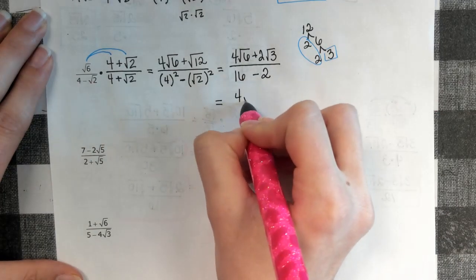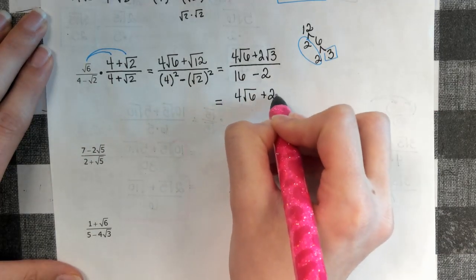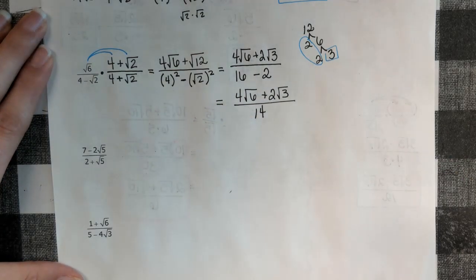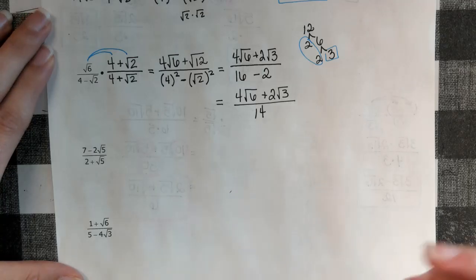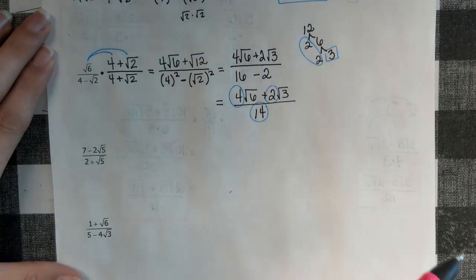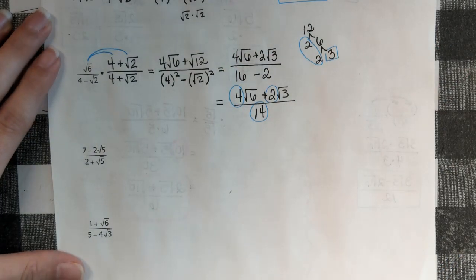So I've got 4 square root of 6 plus 2 square root of 3 over 14. Can I simplify that? Yeah, my 4, my 2, and my 14 can all be divided by what? 2.